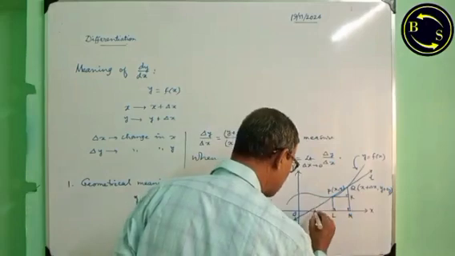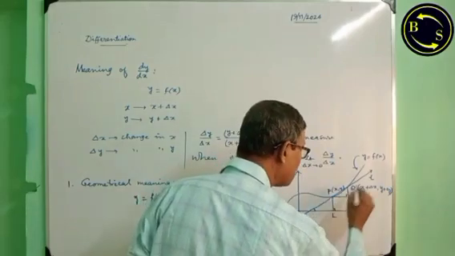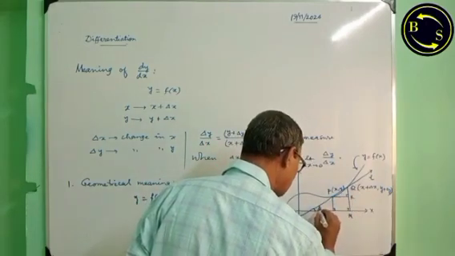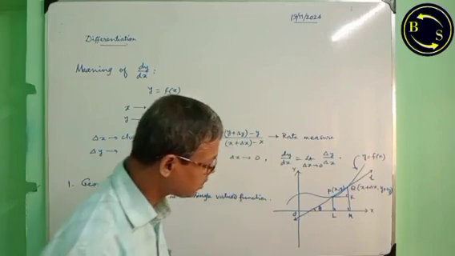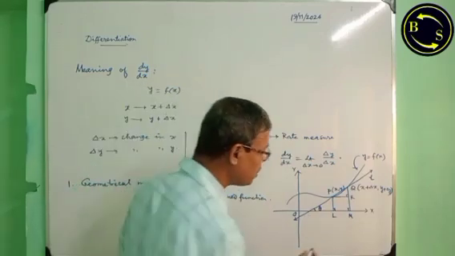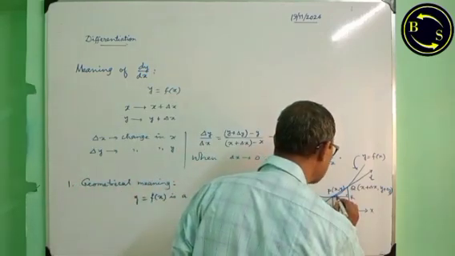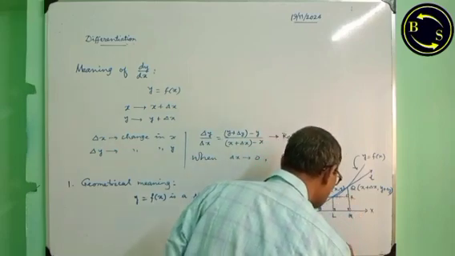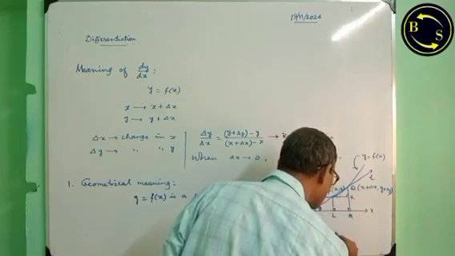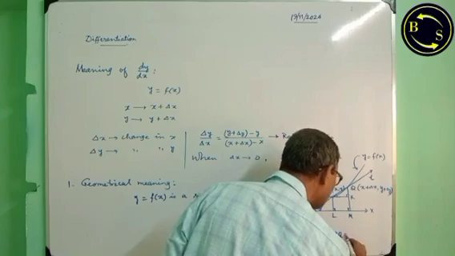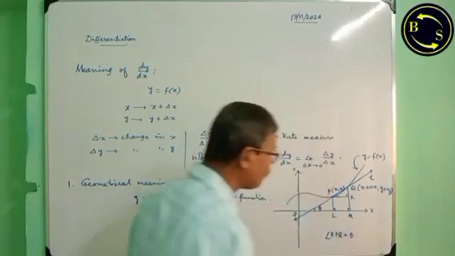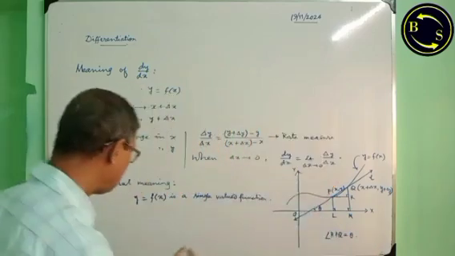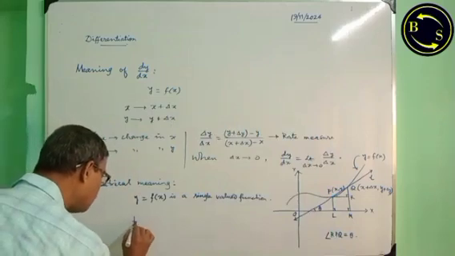Now if this straight line makes angle theta with the axis, then from geometry we see this angle RPQ will also be theta.